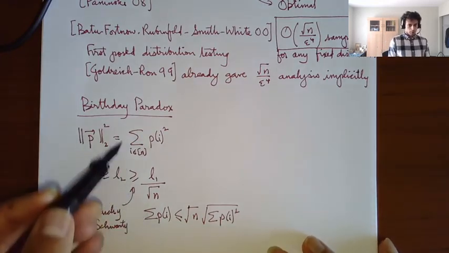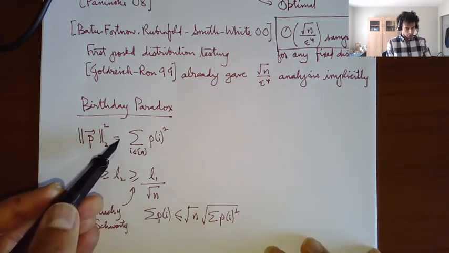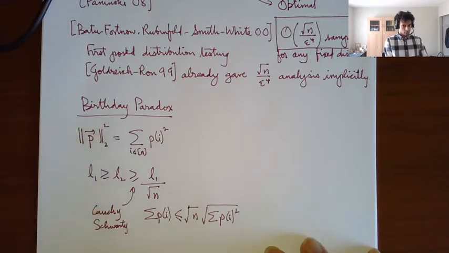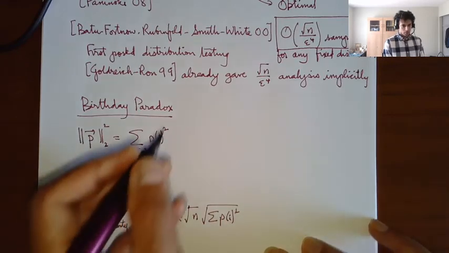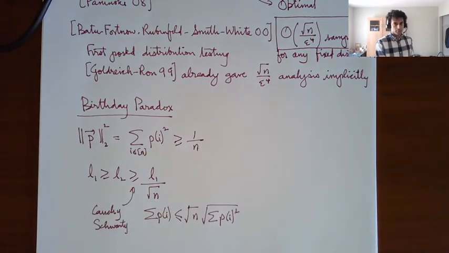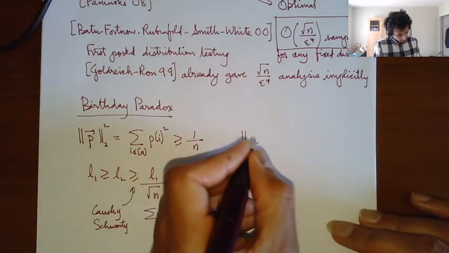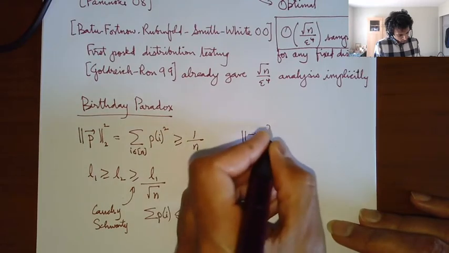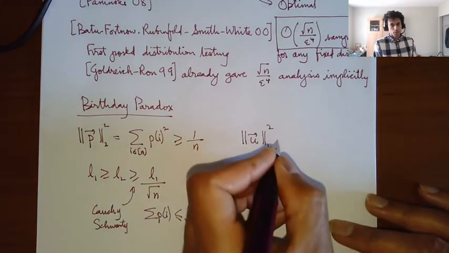Now applying that bound over here, the L1 is just 1, and so the 2-norm squared is at least 1 over n. Now the 2-norm squared of the uniform distribution is exactly 1 over n.